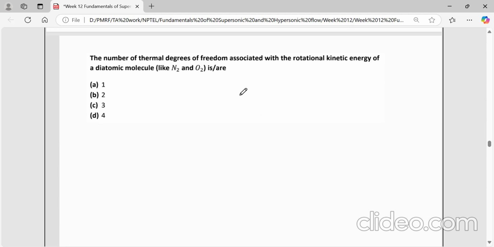The number of thermal degrees of freedom associated with the rotational kinetic energy of a diatomic molecule like N2 and O2 is or are: option A 1, option B 2, option C 3, option D 4. Just now I have told about it. So what will be the answer for this problem?